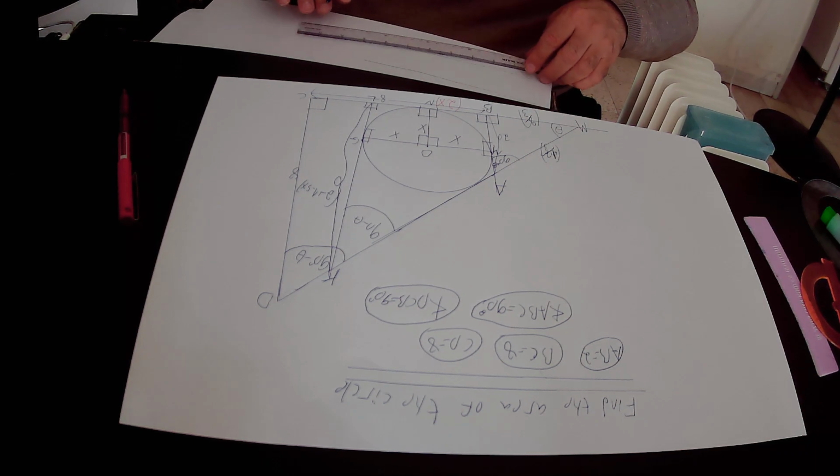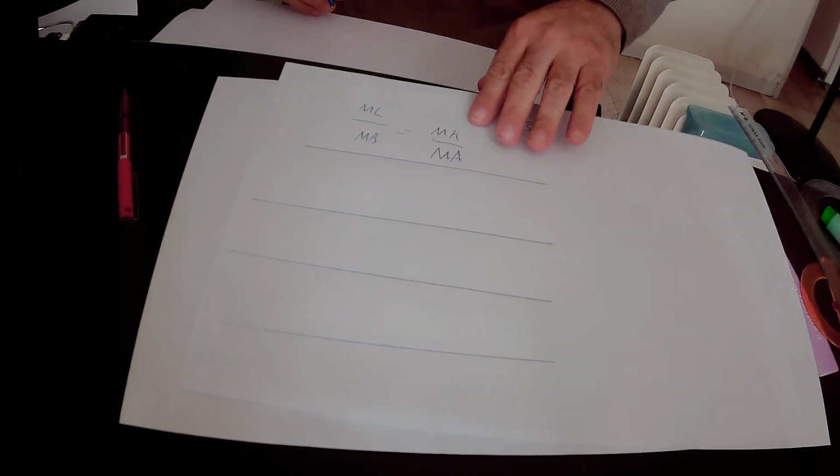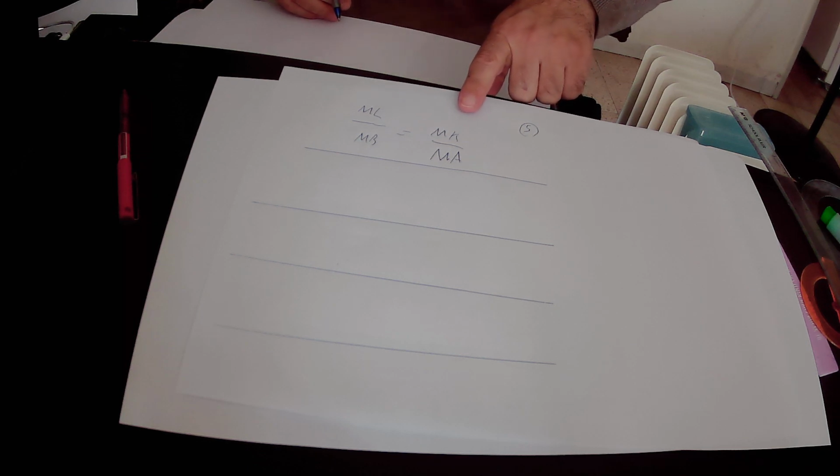Repeat again: ML over MB equals MK over MA.